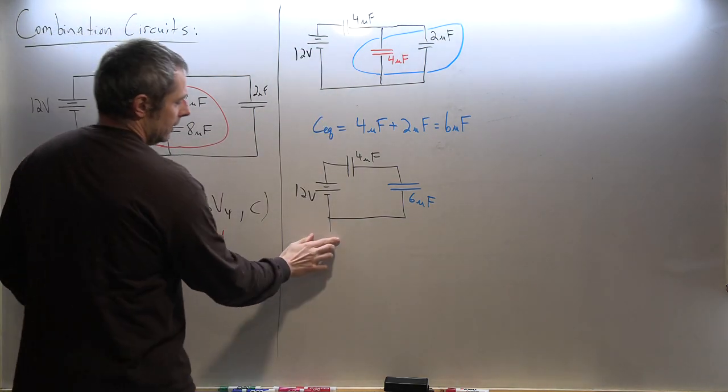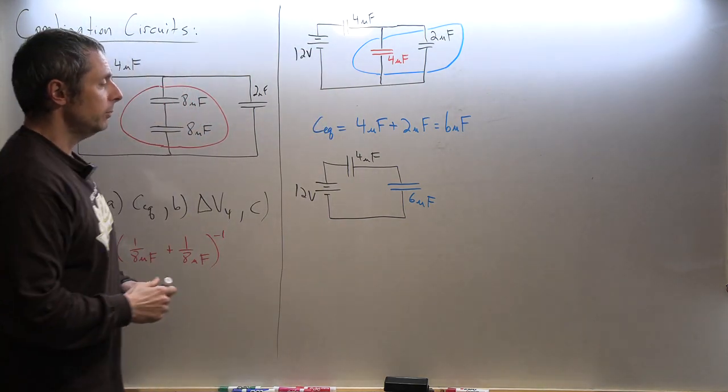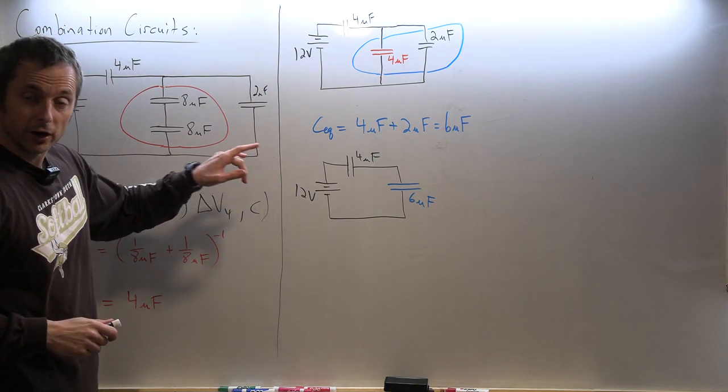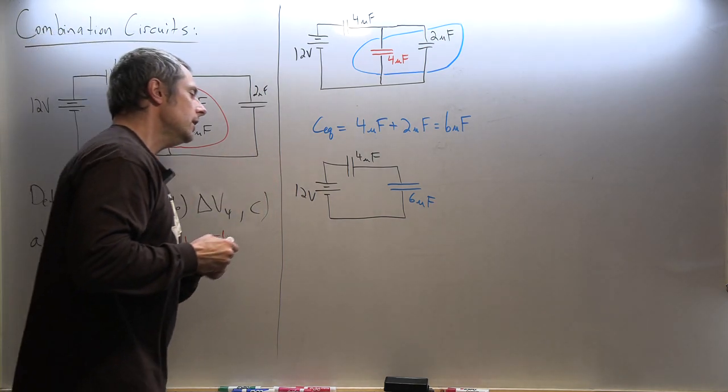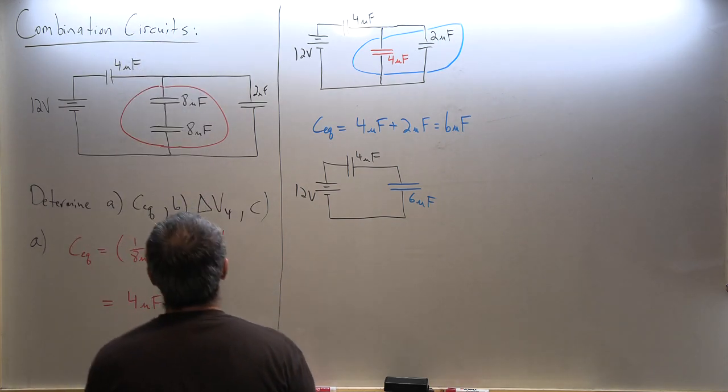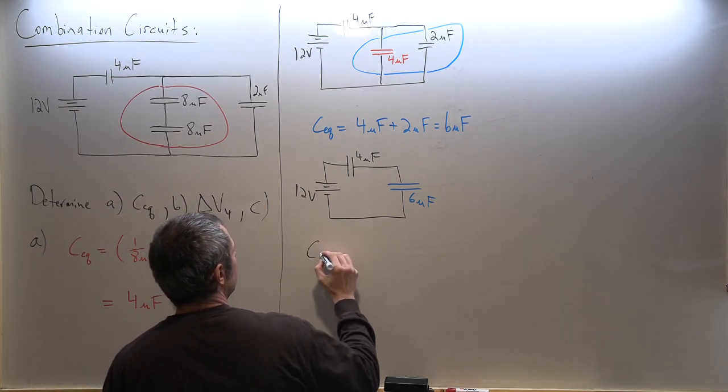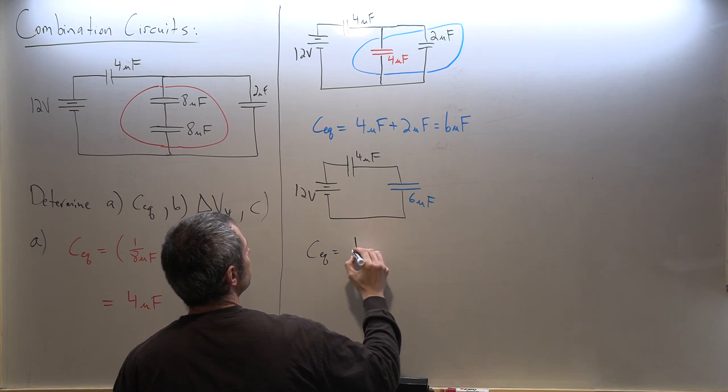So now this is really quite simplified because now those are definitely in series. So I can use the series rule once again to find the equivalent capacitance.